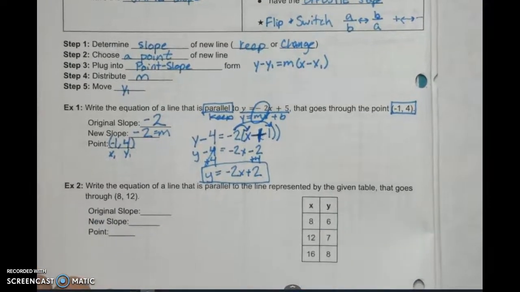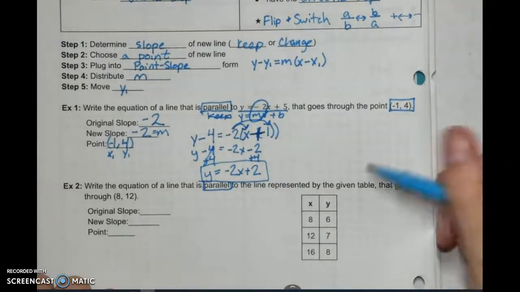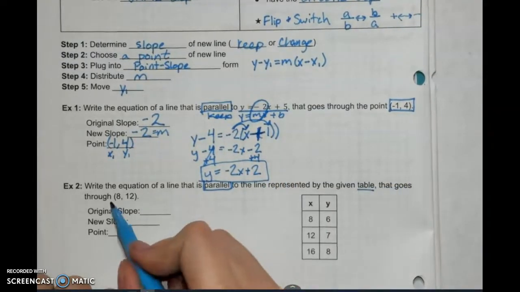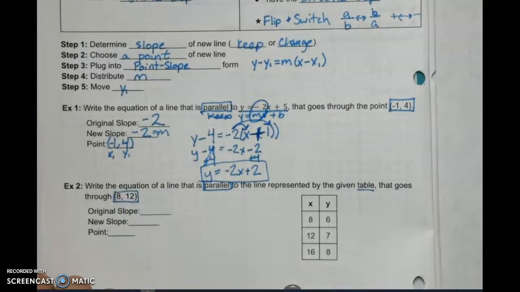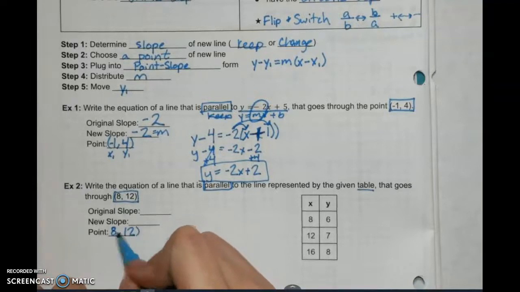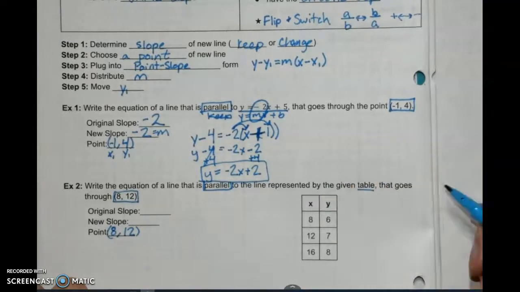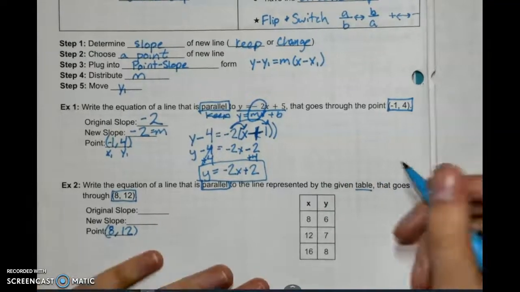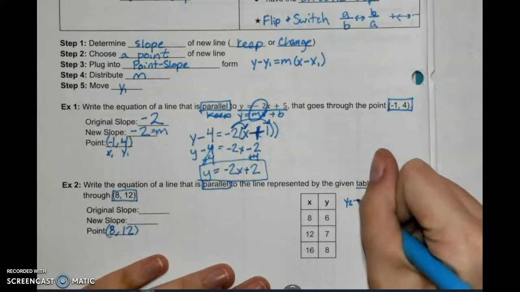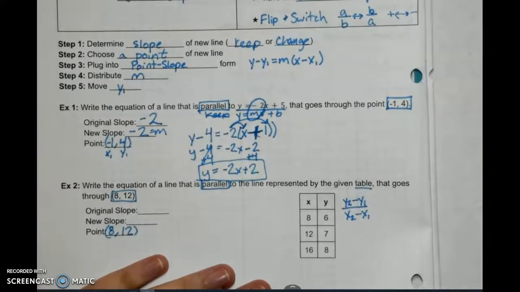Take another look where they don't tell us the equation of the first line. So here we want to write the equation of a line that is parallel to the line represented by the given table that goes through (8, 12). So we know our point, but we don't know the original slope. All we know is that it's on the table. So we have to find that slope by doing y2 minus y1 over x2 minus x1.